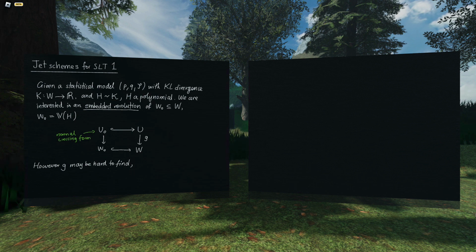Hence why you have these ad hoc procedures in the papers and the books to find these blow-ups in order to compute the resolution. You do whatever ad hoc set of choices you want. You'll get a resolution that depends on your choices, but you don't care because the RLCT is independent of those choices.